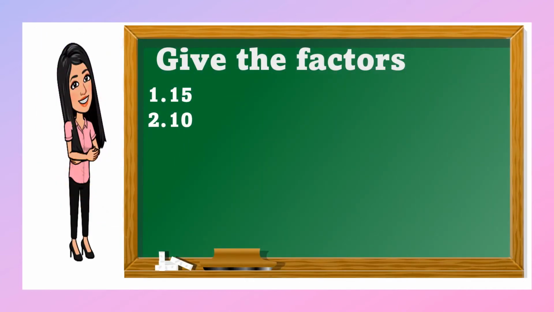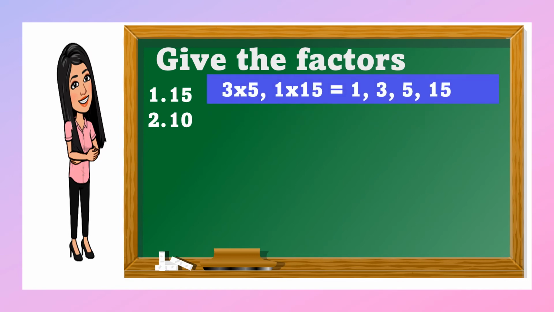Let us give the factors of 15 and 10. So first, what are the factors of 15? Okay, so we have 3 times 5, 1 times 15. So when we combine all of these, we have 1, 3, 5, and 15.